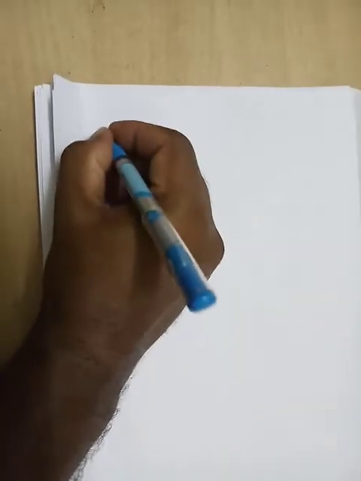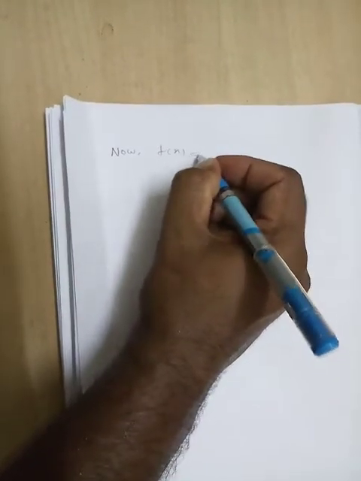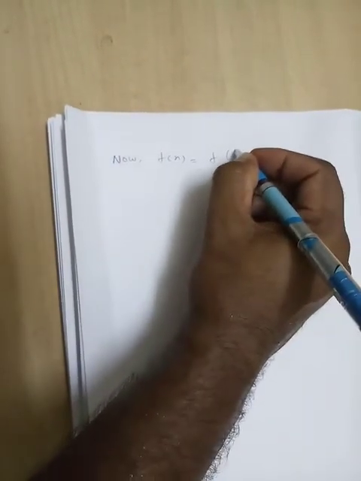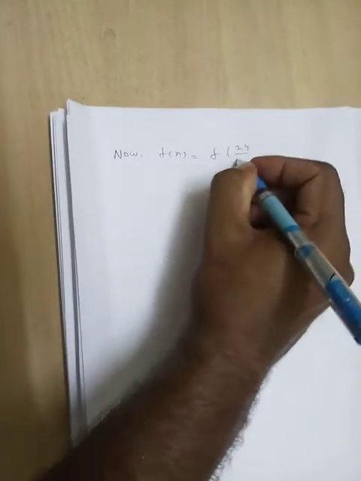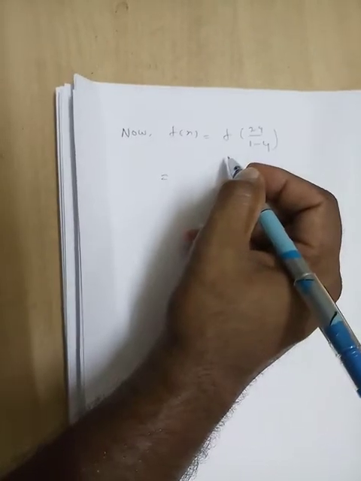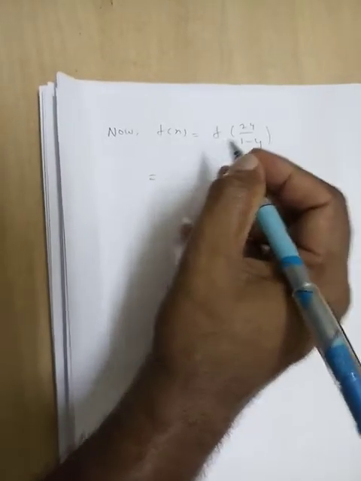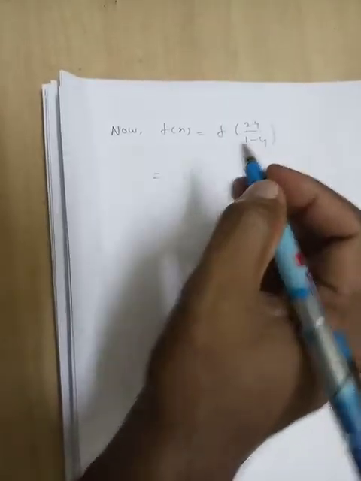Now f of x equal to f of 2y divided by 1 minus y. Actually f of x is equal to x divided by x plus 2. Here x is considered as 2y divided by 1 minus y.